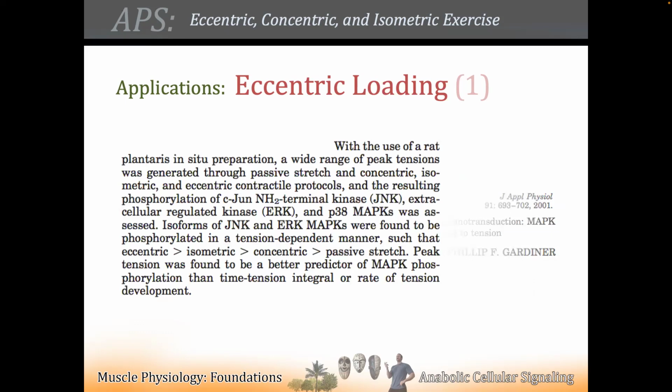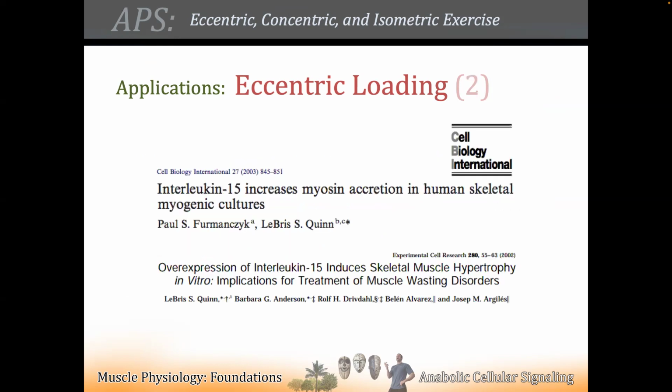Isometric, second best. Concentric, second worst. And passive stretching is the worst for that particular signaling. Now, you also know that lots of cytokines will induce a hypertrophic response, things like interleukin 2, interleukin 15, and we expect a bigger immune chemical response after eccentric loading.